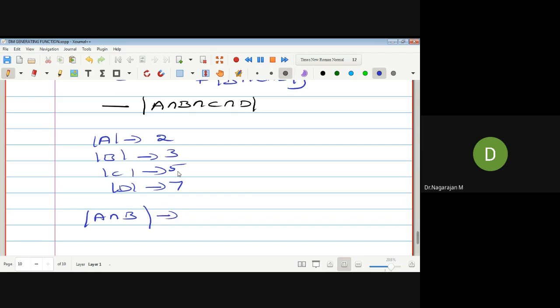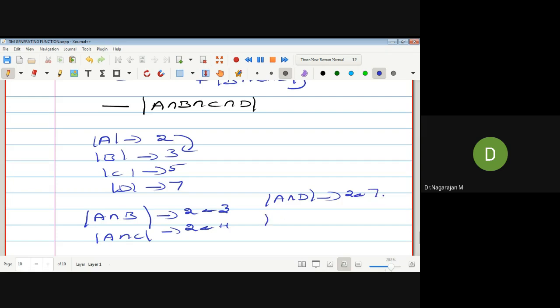It is divisible by both 2 and 3, correct? Then A intersection C, any idea? A intersection C means divisible by both 2 and 5, and the cardinality of A intersection D means divisible by 2 and 7. This is the first concept.